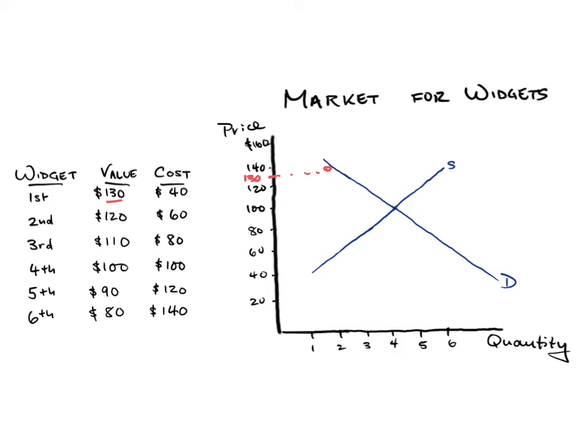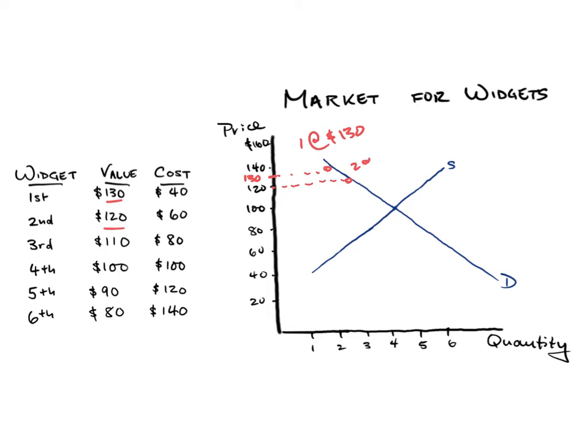Oh, this is a terrible graph. That's supposed to be one widget at $130. Okay. If the price goes to $120, there would be 2 people who want to purchase widgets.